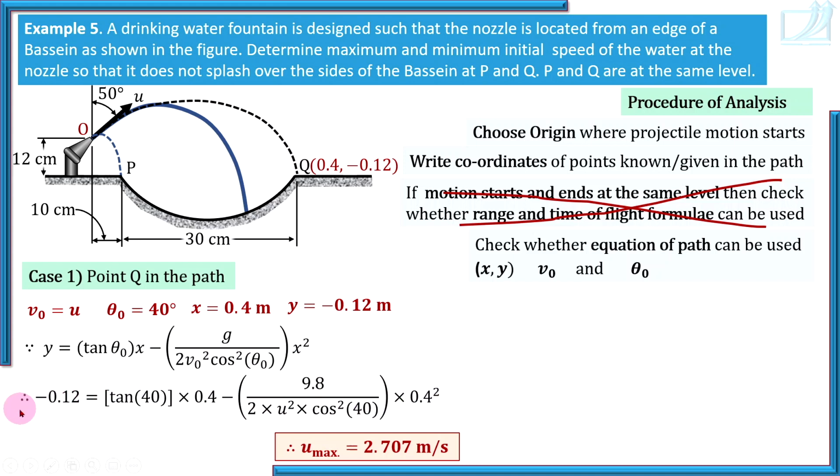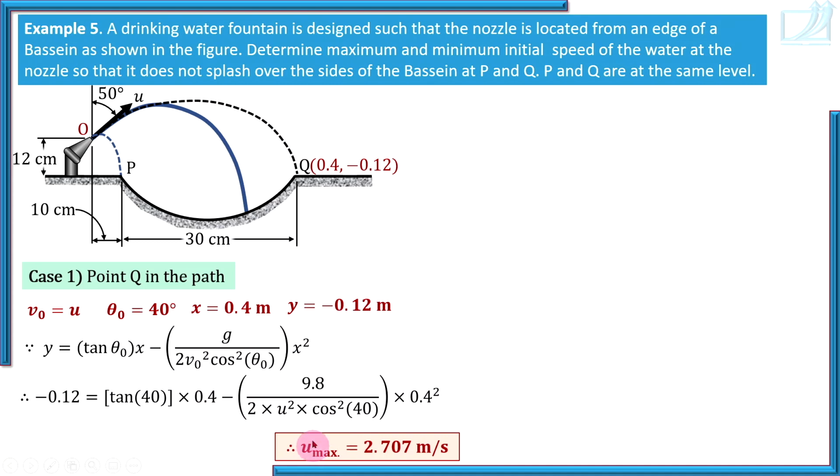For these calculations, the calculator is going to take much time. You may think that the calculator is not working properly, but don't think in that manner. Give the calculator its own time, and after some time this answer will flash on your calculator. So we have found out maximum u.